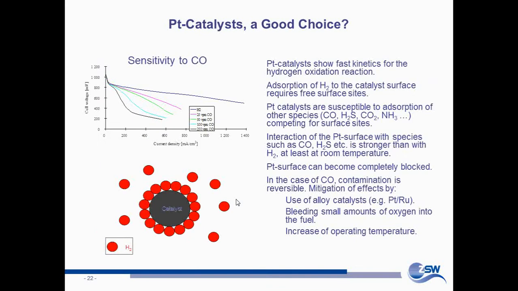Now, is a platinum catalyst a good choice? Well, it's sensitive to CO and sensitive to almost everything else. However, if we want to benefit from the fast hydrogen reaction, we have to make sure the surface is free. And from that point of view, we have to rely on very, very pure fuel, and we have to remove some impurities from the fuel pretty thoroughly.